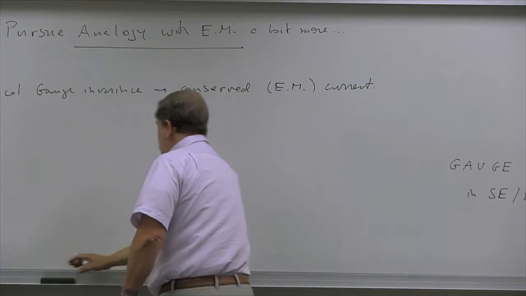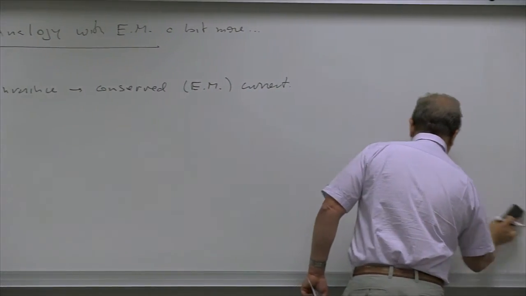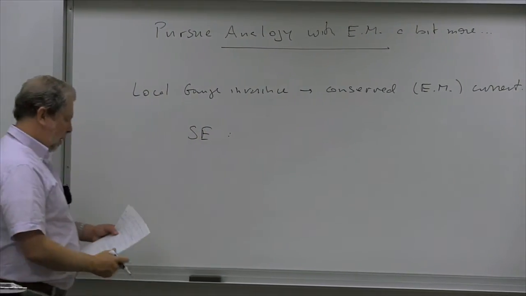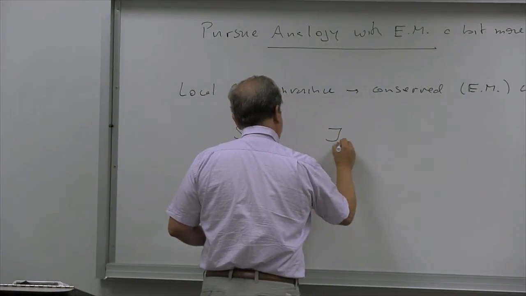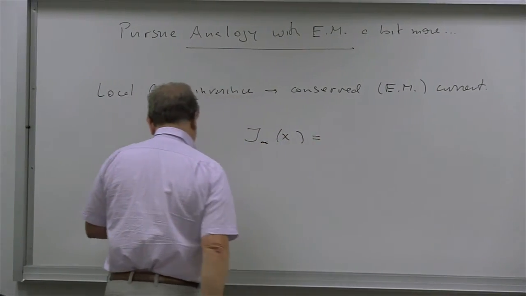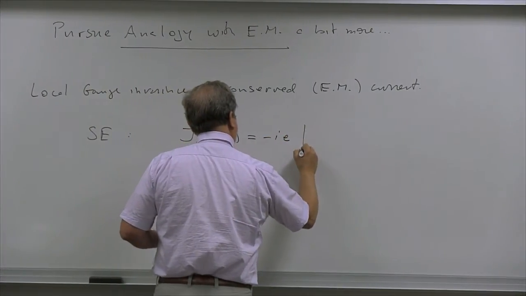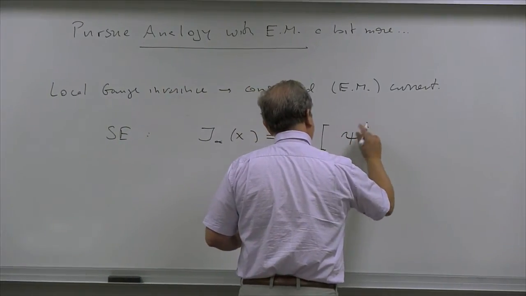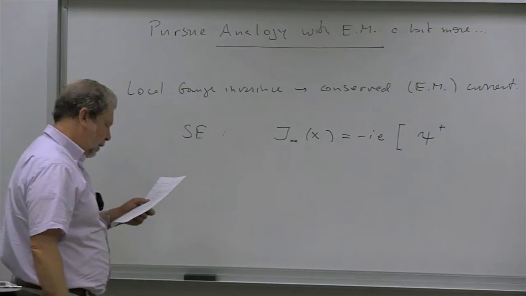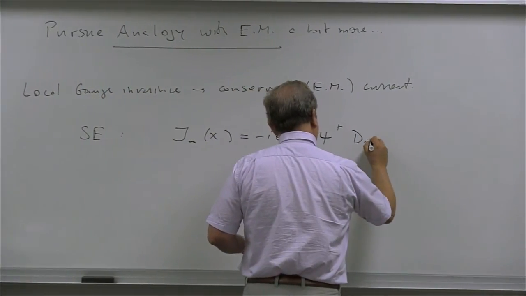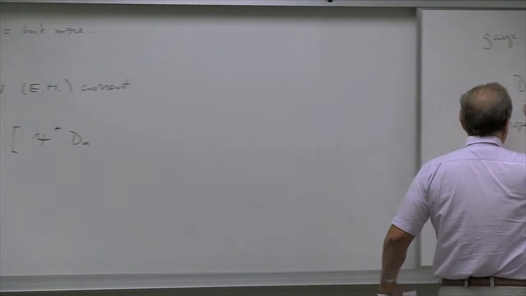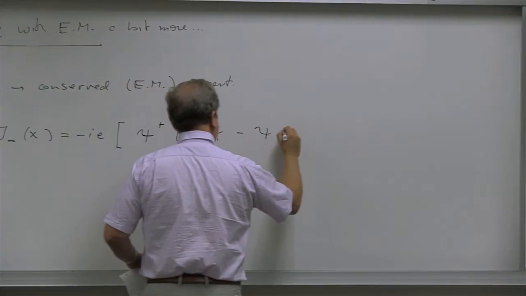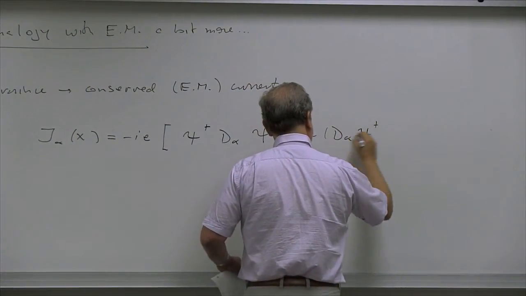And so again, if you're dealing with the Schrödinger equation, the electromagnetic current is something that looks like this. J alpha of x is equal to minus iE, and then we have a combination of derivatives of the field. So it would be psi dagger if the field has more than one component, otherwise it's just psi star, times the derivative D alpha, which is the one we defined here, and then times psi, minus psi times D alpha psi dagger.